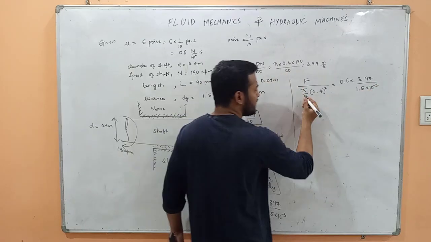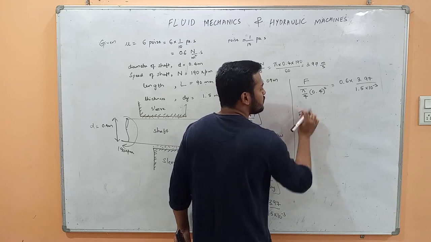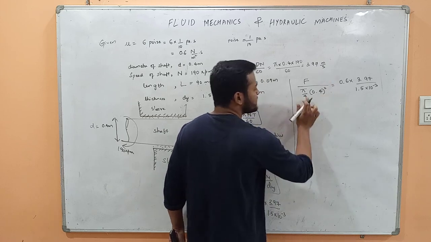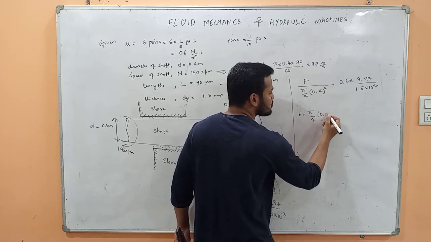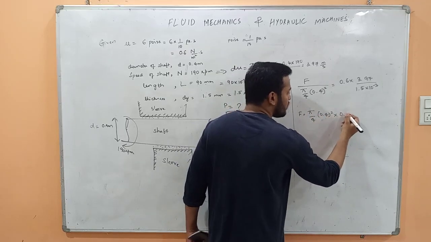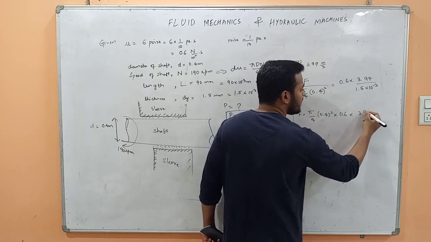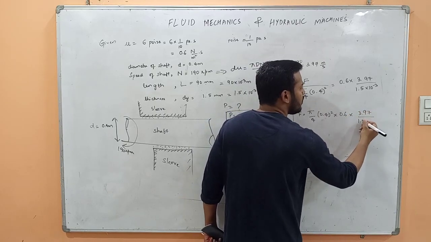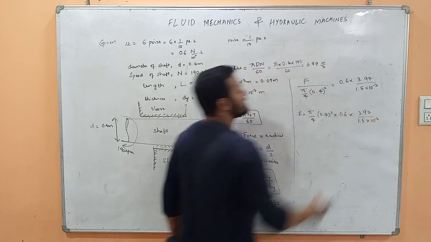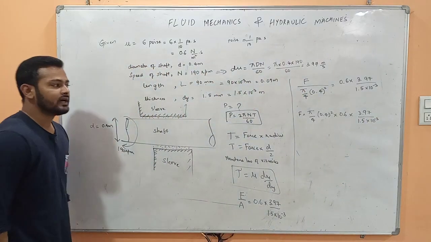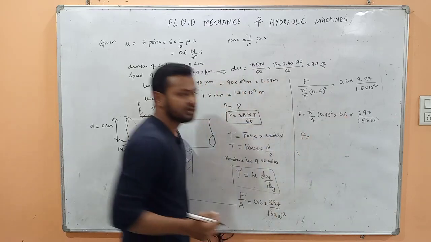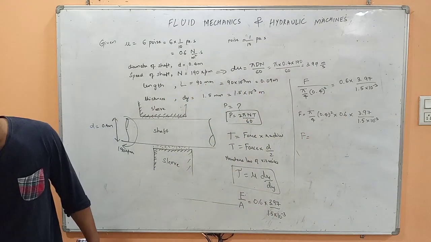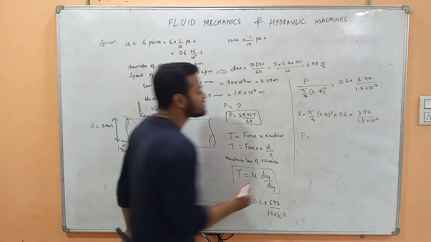From this you can find out the value of force. This will be multiplied here because it's in the denominator. So force is pi by 4 into 0.4 square into 0.6 into 3.97 divided by 1.5 into 10 power minus 3. You can find this value in the calculator, and you will get the value of force as 180.05 newtons.